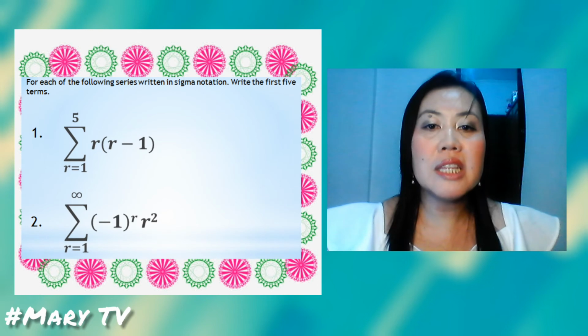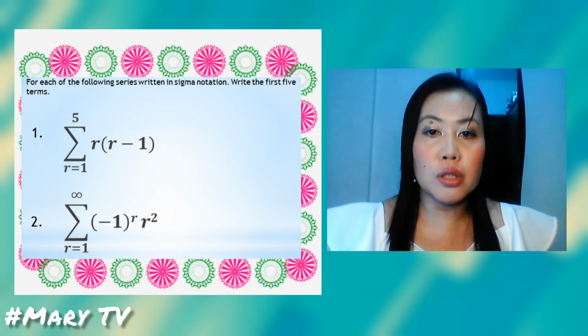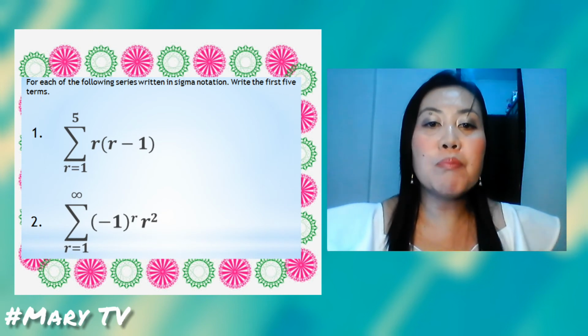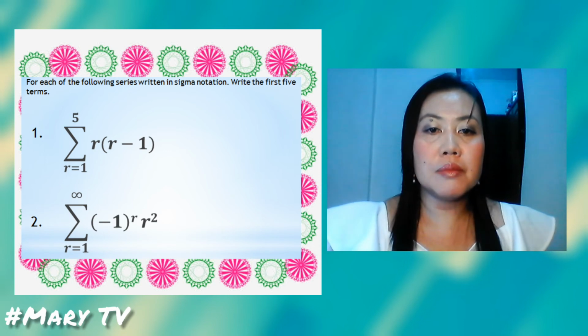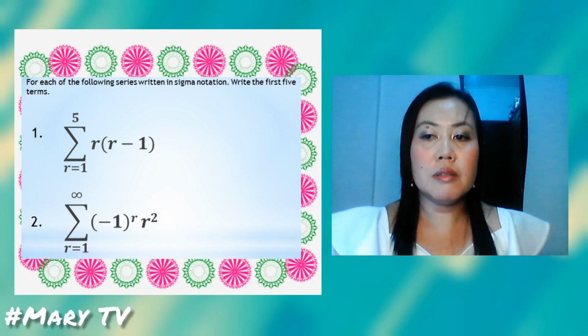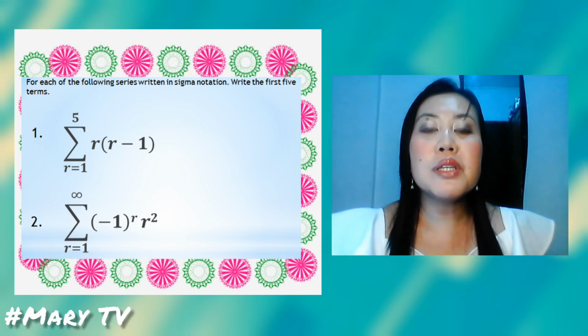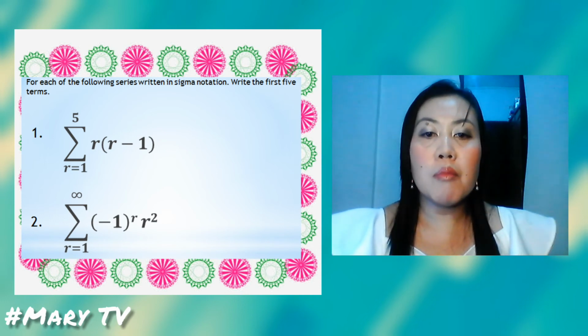Let us answer this. For each of the following series written in sigma notation, write the first 5 terms. In the first given, we're going to find the sum of r times r minus 1 from r equals 1 to r equals 5.